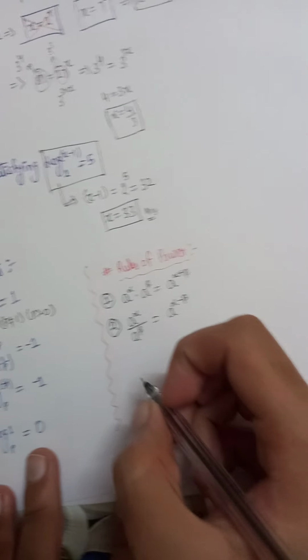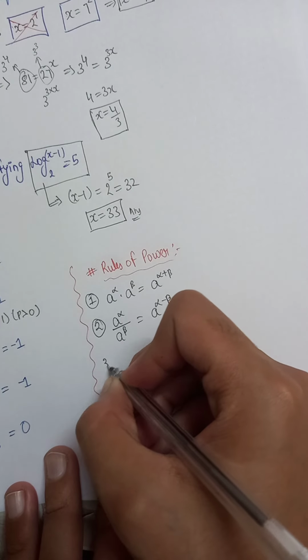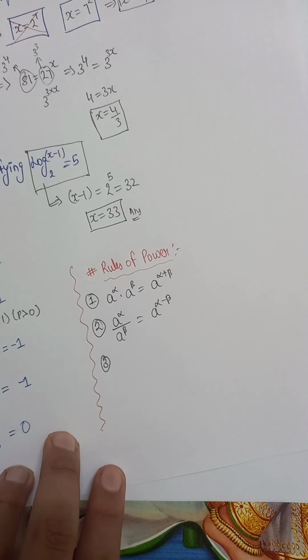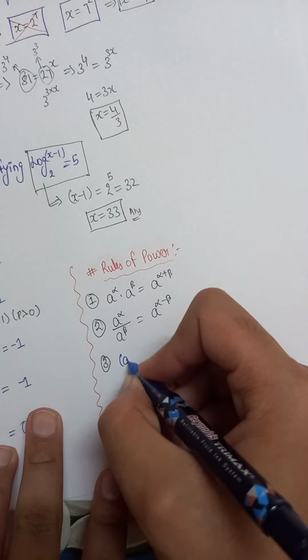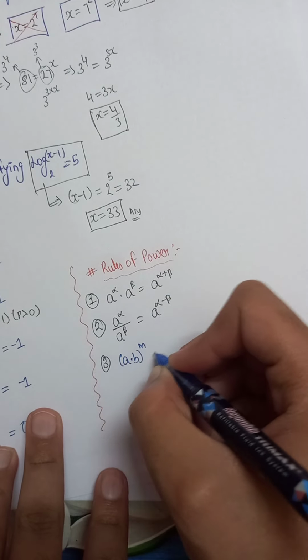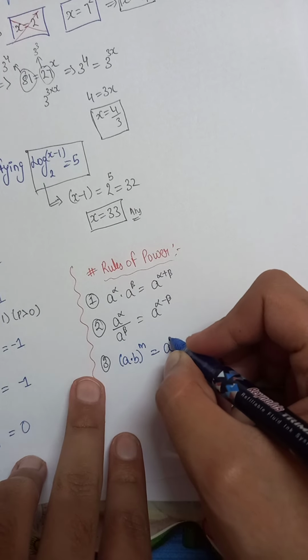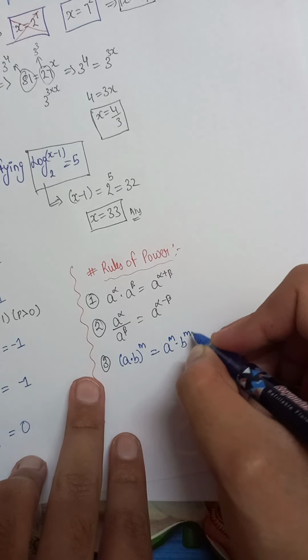Third point. It's a dot b whole to the power m. Then you can distribute on each number: a to the power m, b to the power m.